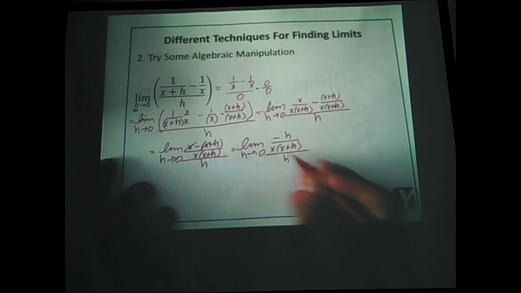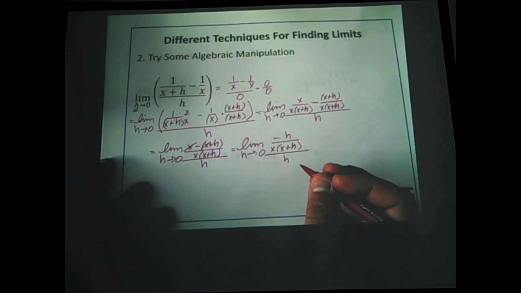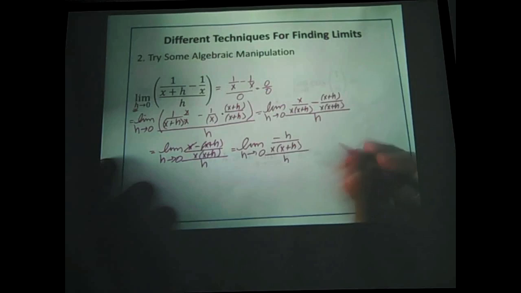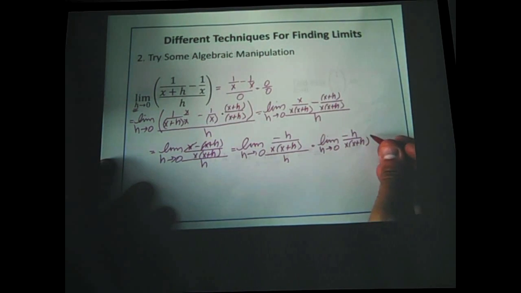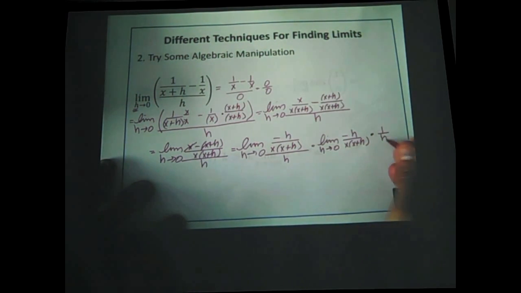I have one big fraction up here. I have h in the denominator. Most of the kids at East End have learned keep it, change it, flip it. What that means is, in order for us to divide fractions, we keep the top fraction as it is, negative h over x times x plus h. We change this division bar to multiplication. We flip the denominator. H flips to become 1 over h.